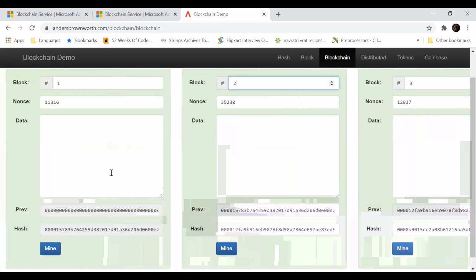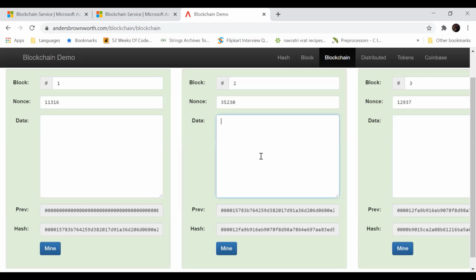Now, let me talk about an important property of blockchain that I have been harping on since the beginning, that is immutability, right? How do you ensure that you cannot easily tamper with the data that is present in the blockchain? So if you see my screen, if I try to type some data, the hash of this data will change drastically, right?